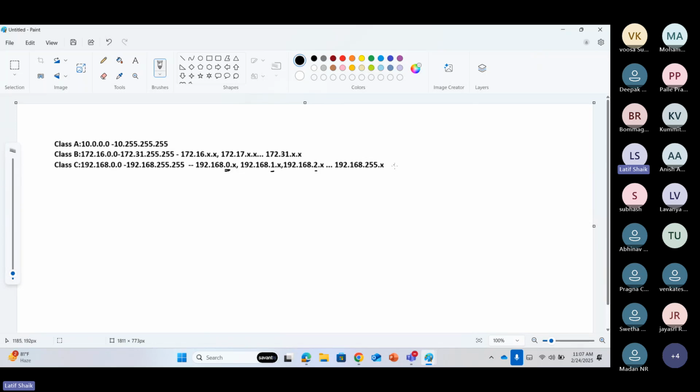Totally 256 networks are given for private use.